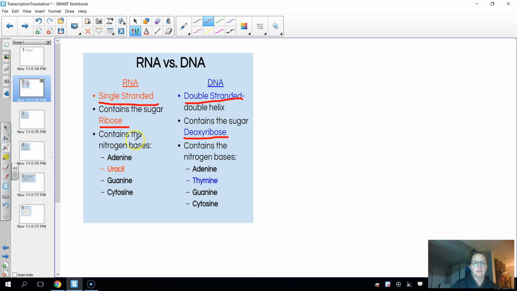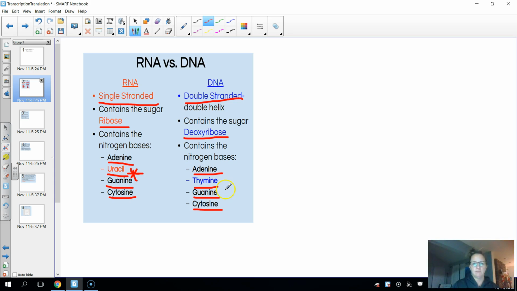And then RNA has these nitrogen bases: adenine, uracil, guanine, and cytosine. You can notice here that uracil is a different nitrogen base compared to DNA. With DNA, remember, adenine pairs with thymine and guanine pairs with cytosine, from our DNA song. Adenine and thymine make a lovely pair.